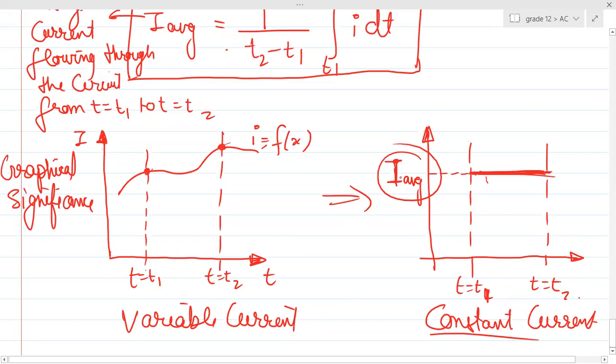Is this clear, guys? Shall I write this thing in words? The graphical significance? Yes or no? Yes, sir. All right.